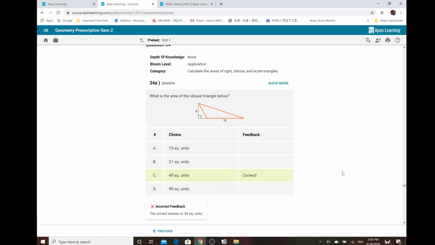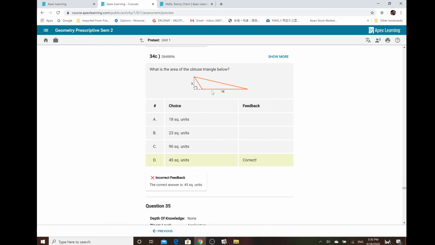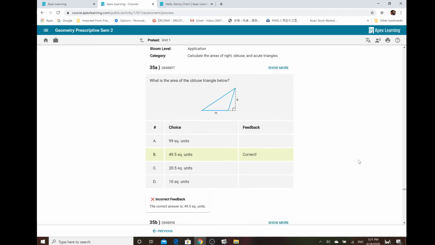For the obtuse triangles, it's similar: area is base times the height divided by 2. So 6 times 15 divided by 2, then we'll get 45 square units. Okay, area of a triangle, base times the height, so 18 times 5 divided by 2. So 45 square units.